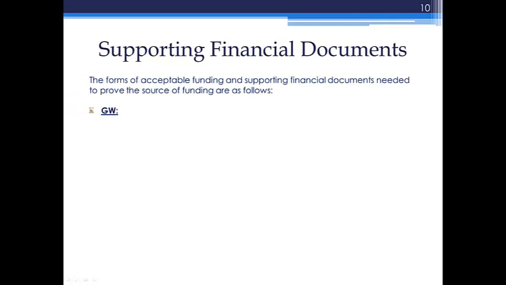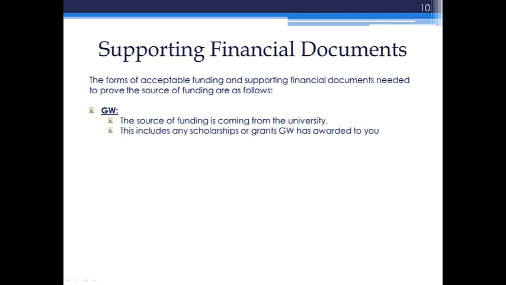The next source of funding is GW funding. GW funding refers to any awards or scholarships that the George Washington University has awarded to you. This includes any scholarships, grants, or fellowships. To prove this source of funding, you must provide an official GW award letter.